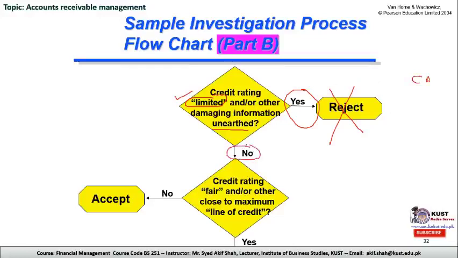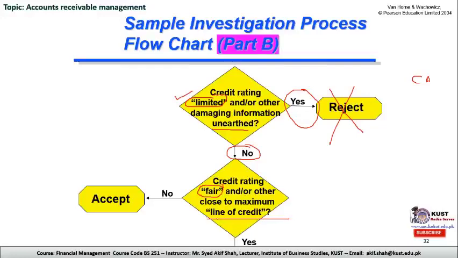If this is no, then we have to see whether the credit rating gives the title of fair, or the applicant is close to the maximum line of credit. What is line of credit? It is the maximum amount of credit a particular firm can obtain from the bank or any other suppliers.